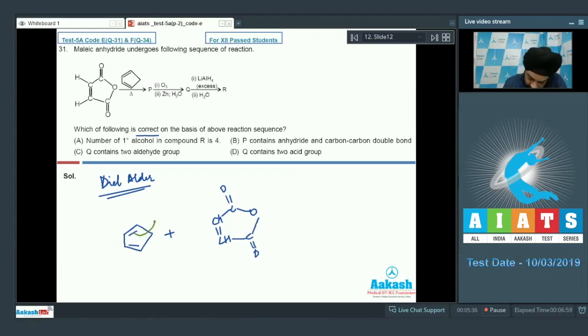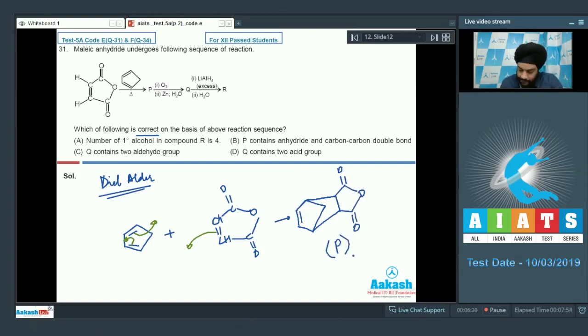There will be a formation of bonds according to this mechanism. So this is the product P which is formed.